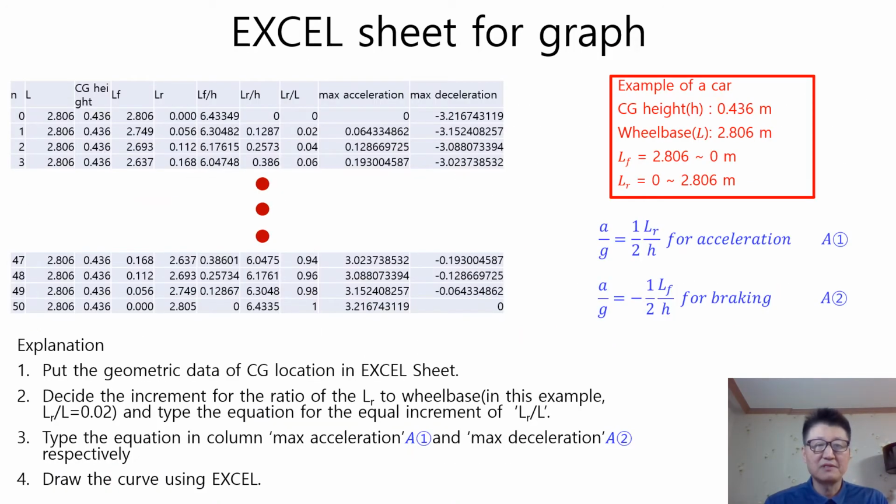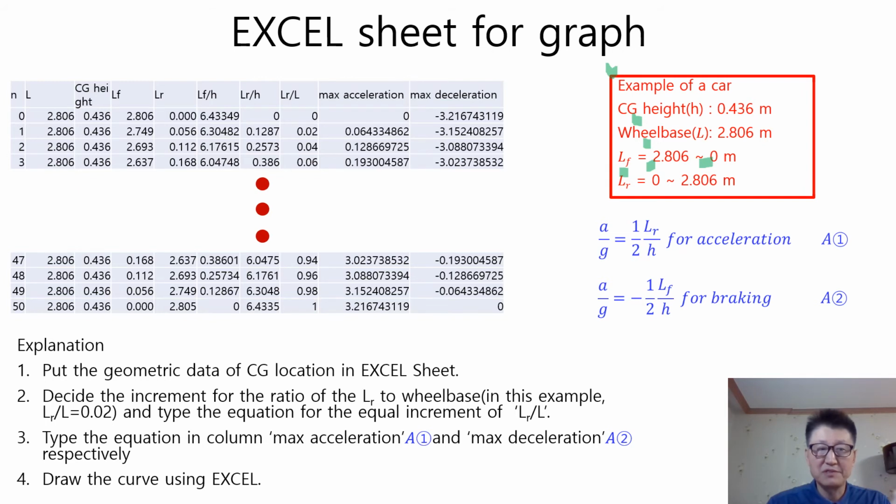I will explain how I made the graph in the previous slide. We have the data set for a car, which is the same as before. CG height and the wheelbase are the fixed values, but L sub f varies from 2.806 to 0.